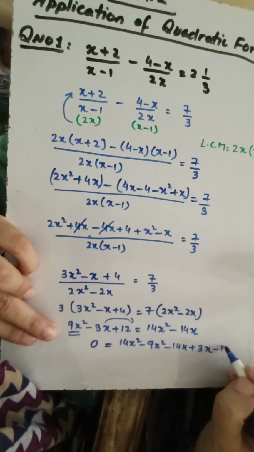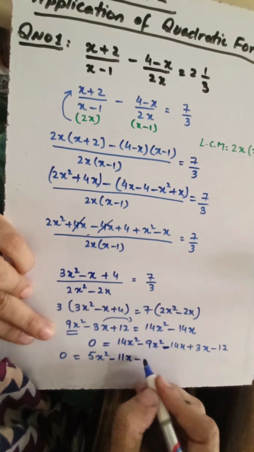So this will be 0 equals 14 minus 9, which is 5x square. Then minus 14x plus 3x: as the signs are different, we do the subtraction, 14 minus 3 will be 11x, and the answer will carry the sign of the greater coefficient, minus 12.